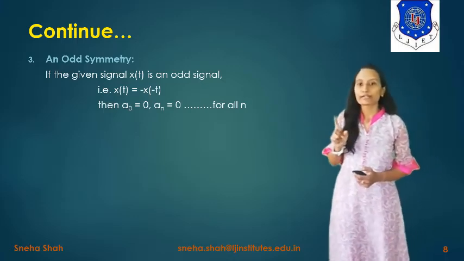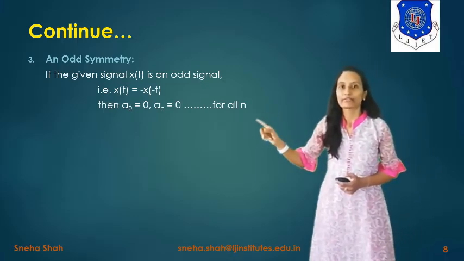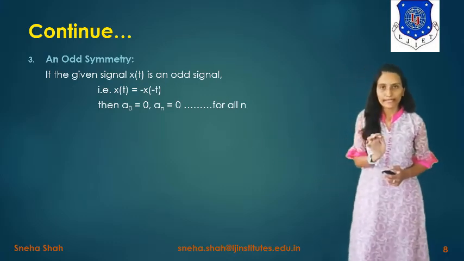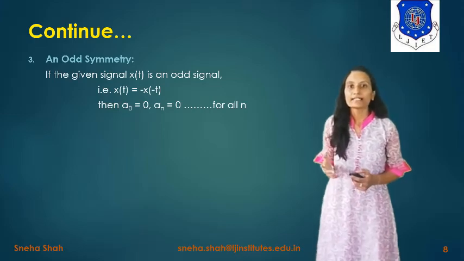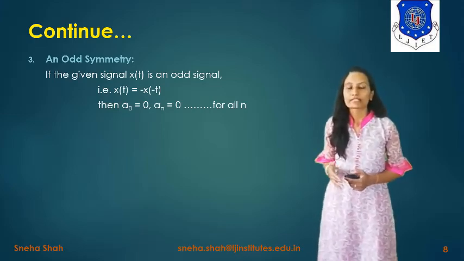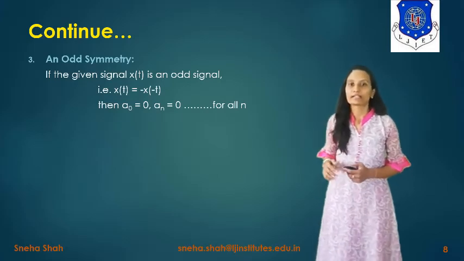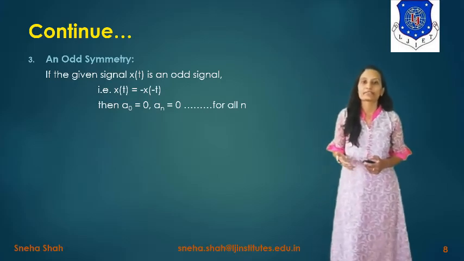So there is no need to find the coefficients a0 and an. We just have to find the value of bn, and after finding the coefficient bn, we put it in the equation of x of t to find the final answer of the Fourier series.